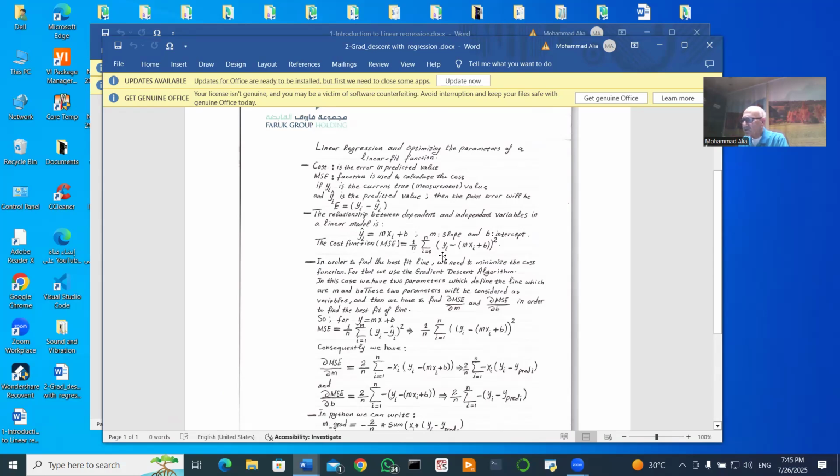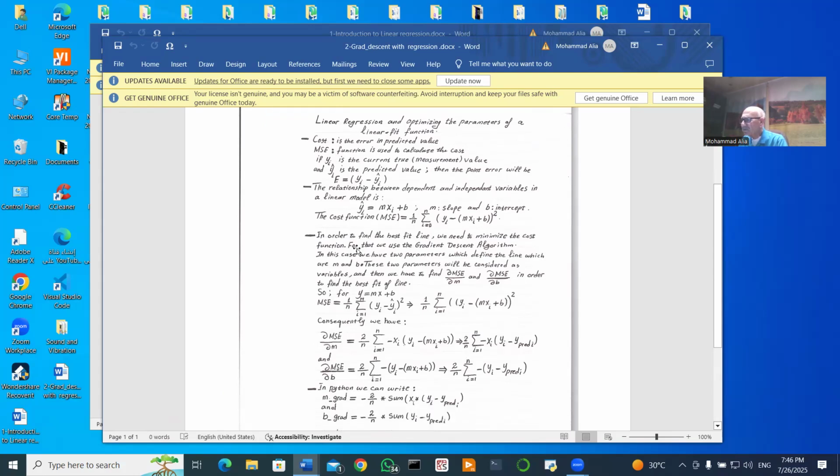We divide by n, the number of points, and take the total for all the points from i equal to 0 to i equal to n. And now we find the error, which is yi minus this expression, which represents the line, squared. So this is the mean squared error, which is the objective or cost function.